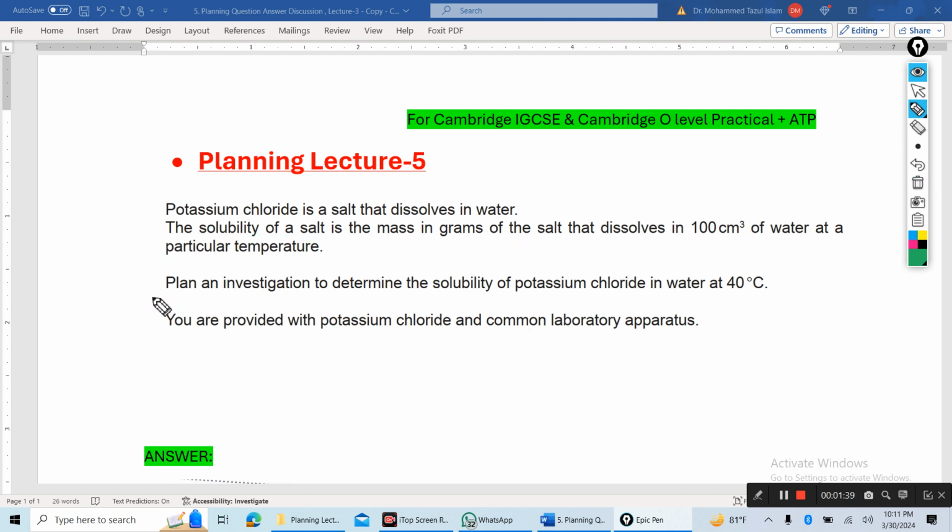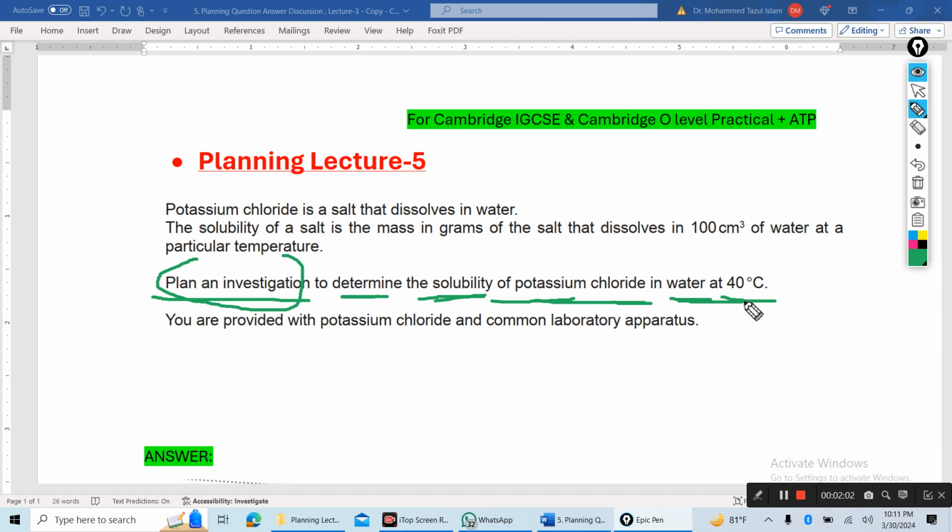Now you are asked to plan an investigation to determine the solubility of potassium chloride in water at 40 degrees centigrade.